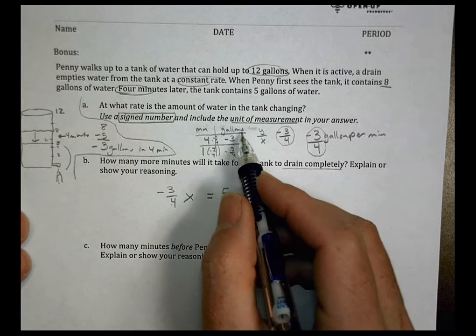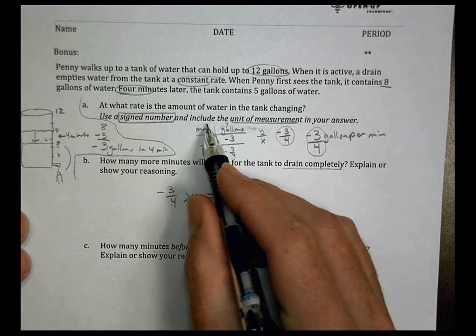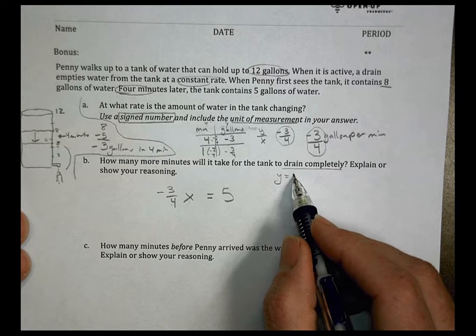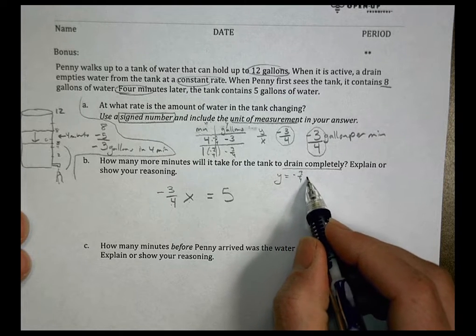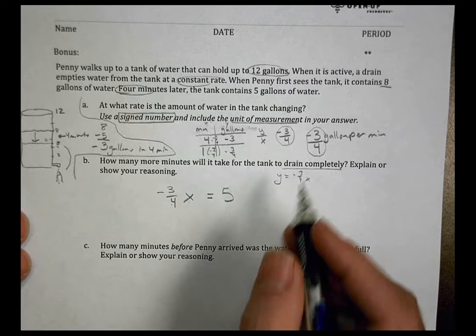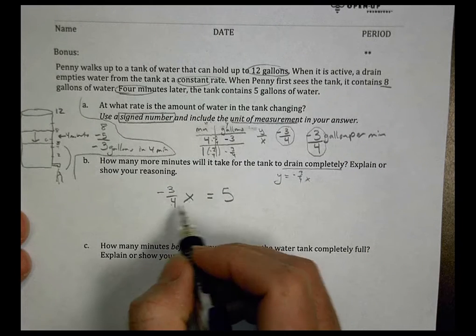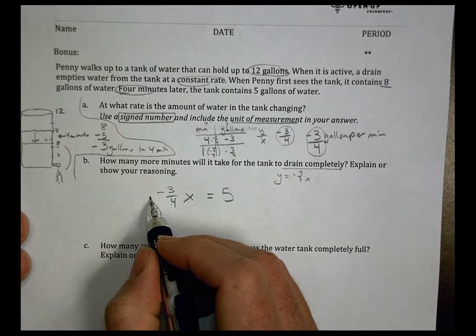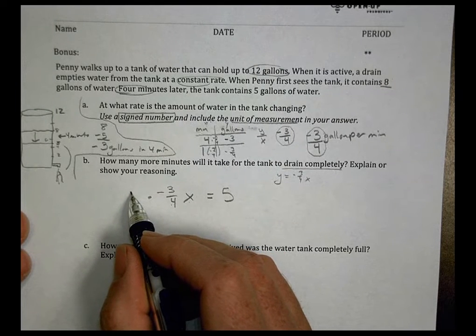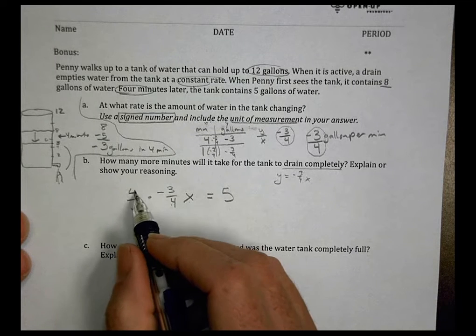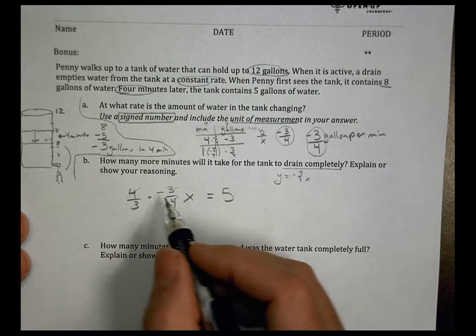Okay, because again, back to over here, this is my y, this is my x. So y equals my rate, negative 3/4 times x. So that's all we're doing here. We're saying I want to know how long to get rid of 5 gallons. How long is that going to take? So to find the x by itself, I'm going to multiply both sides by 4/3, and those cancel out, of course.